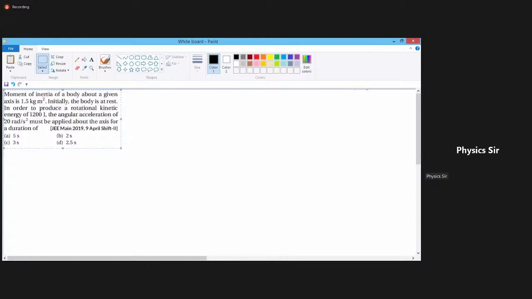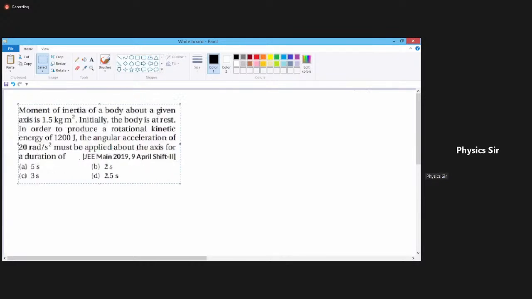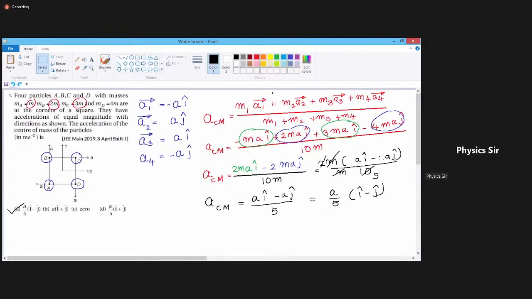Okay. So see this sum. What they have given in this question is, this is again 2019 JEE Main, previous year. Okay, fine, complete quickly. Other students are still writing, I'm waiting for them.